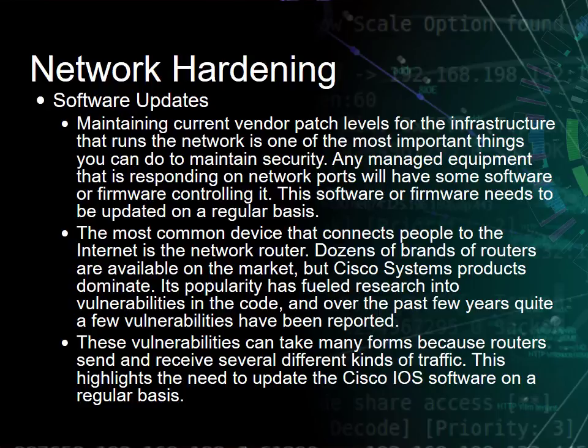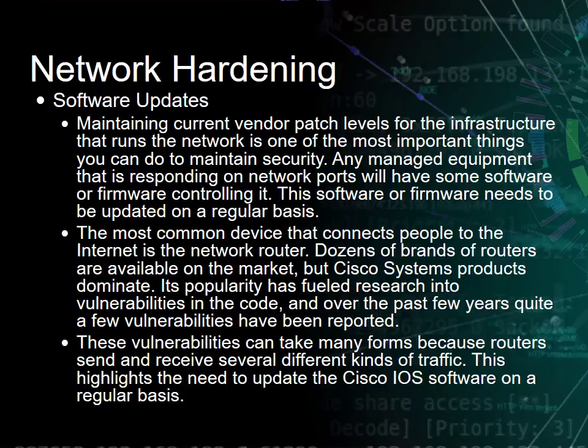So one of the things I like to do, if I can't get into a network, let's say because their firewalls are very well configured or other perimeter defenses are keeping me from getting in, I might try to do a denial of service to the system by taking advantage of network devices along the way.